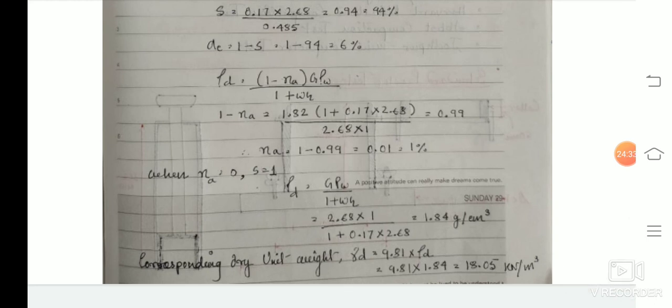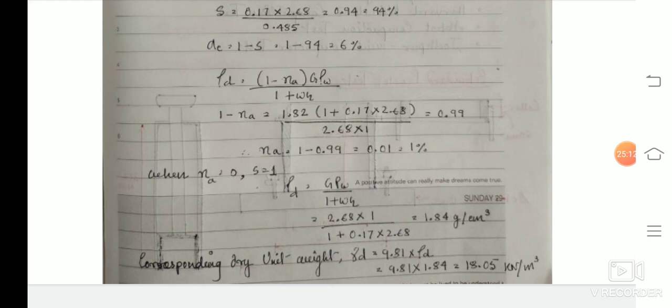If we want the unit weight of the soil, we have to multiply the value from gram per cc to kilonewton per meter cube by 9.81, that is g. So 9.81 into 1.84 is 18.05 kilonewton per meter cube. Hence, the dry unit weight of the soil is 18.05 kilonewton per meter cube.